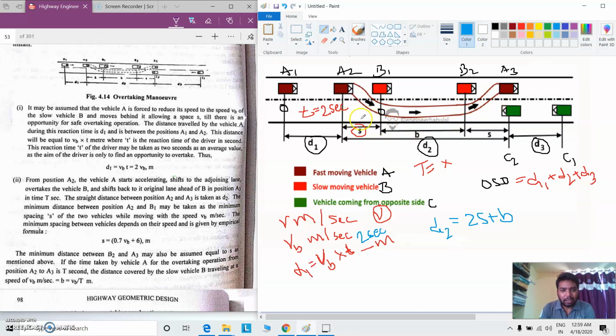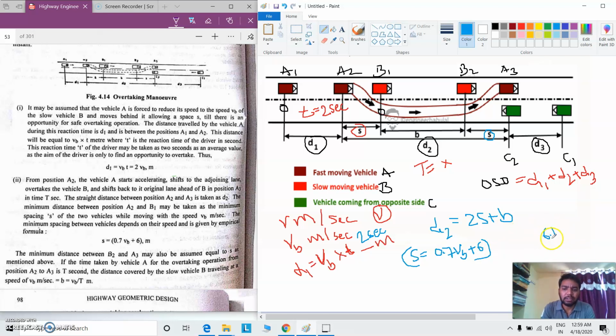Here the recommendation is given to calculate the spacing s. The Indian Road Congress recommends that 70% of the overtaken vehicle speed is to be considered along with the length of the vehicle, and 6 is the length of the vehicle, 6 meters.